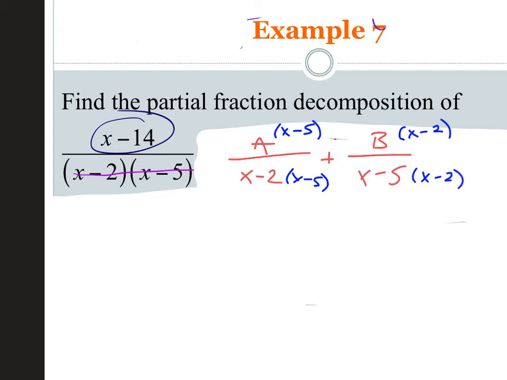What do we do next? A times x minus 5 plus B times x minus 2. What's that equal to? To x minus 14. Awesome. So we just set the tops equal to each other. So x minus 14 is equal to A times x minus 5 plus B times x minus 2.